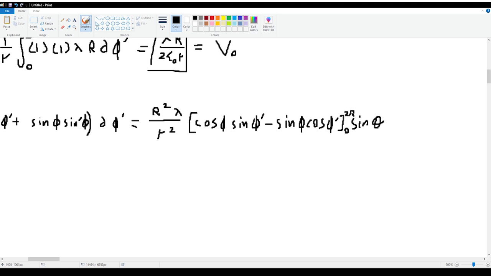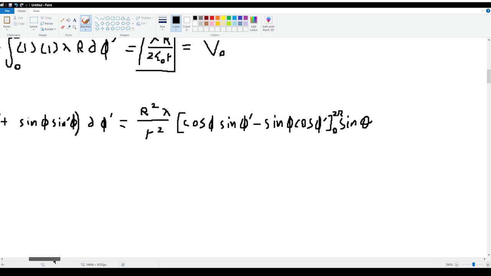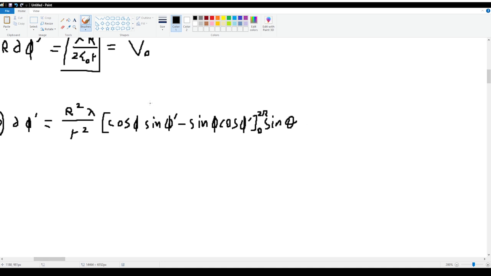Observe that at 2 pi and 0, sine is always going to be 0. Cosine is going to be 1. So we're going to end up with a situation here where we get 0, 0 minus 1, minus 0 plus 1.